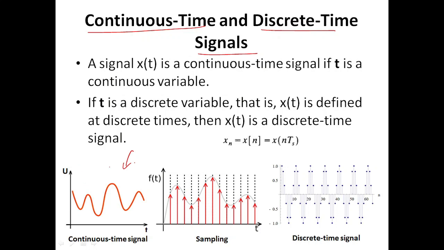Now suppose this is the temperature recording which we have got over a period of time. If I have to digitize it, first we have to make the signal a discrete signal. To convert the signal into a discrete signal, we have to multiply the signal with an impulse train.